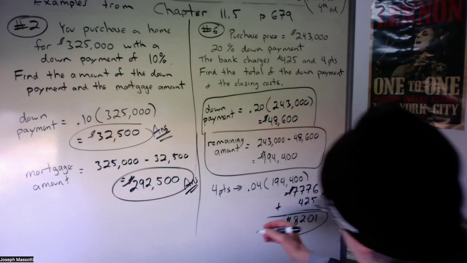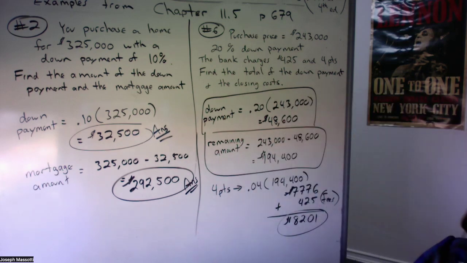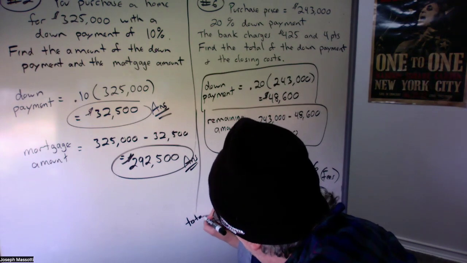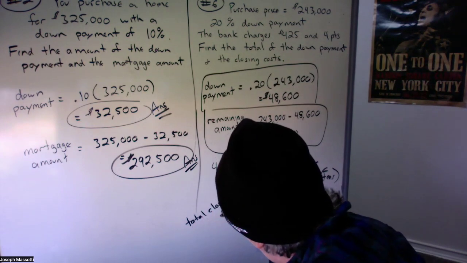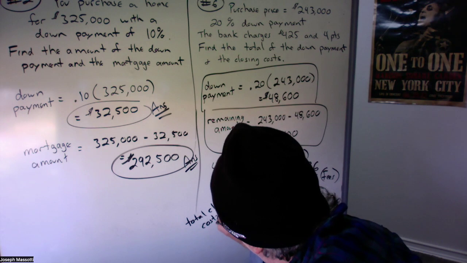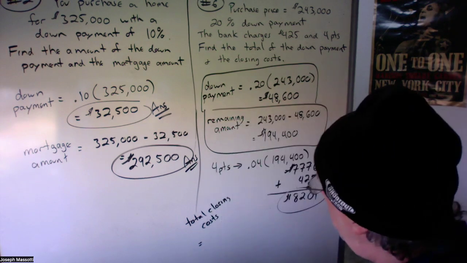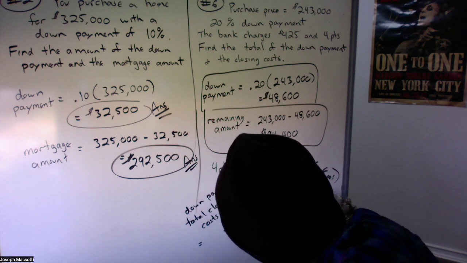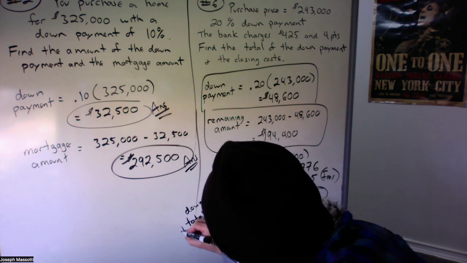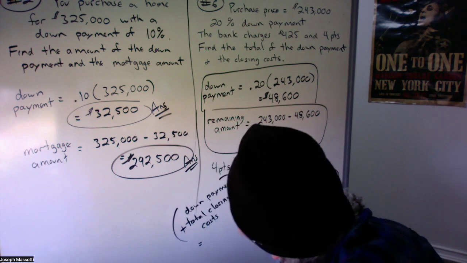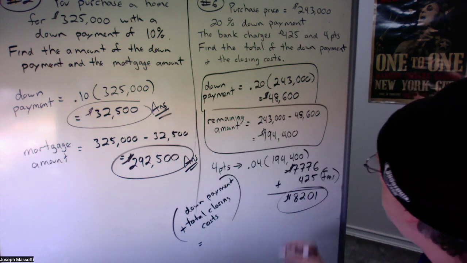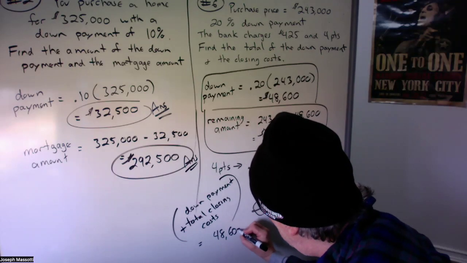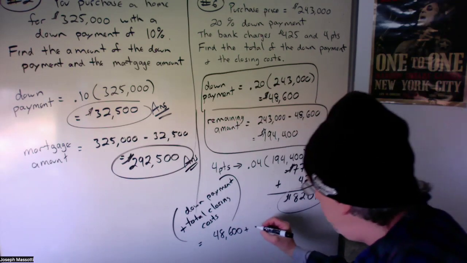So our total closing costs, okay, our total closing costs are going to be, so down payment plus total closing cost is going to be 48,600 plus 8,201.